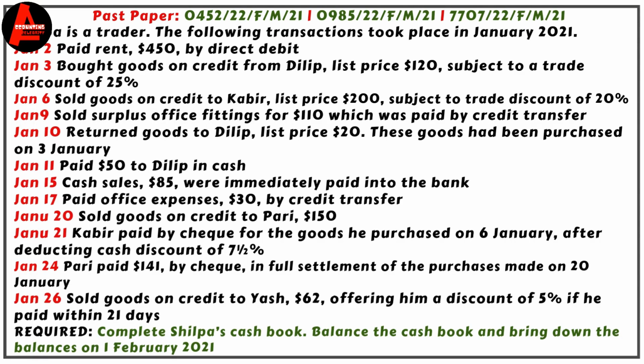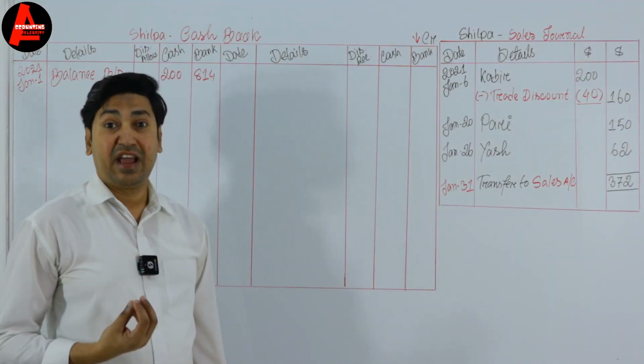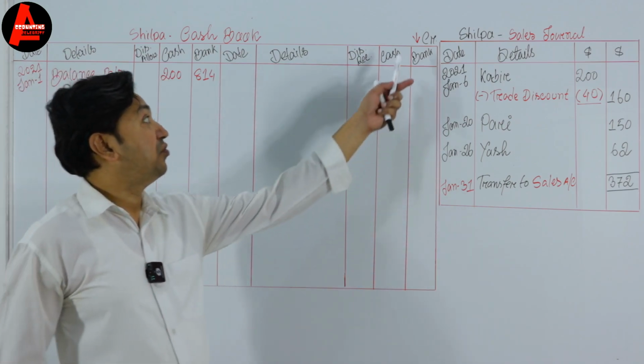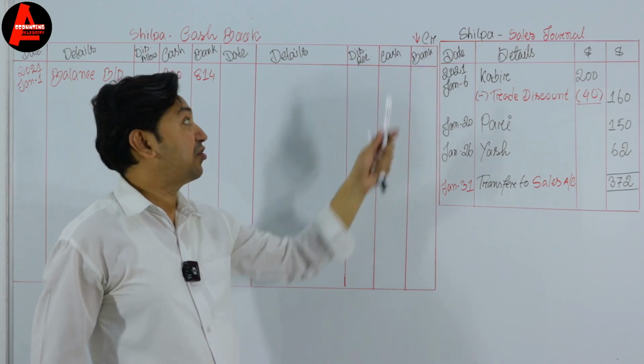Our first transaction is January 2: paid rent $450 by direct debit. Paid rent is an expense. When we pay money from the business, the cash balance will decrease. Simple. So when the balance decreases, we record on the credit side.